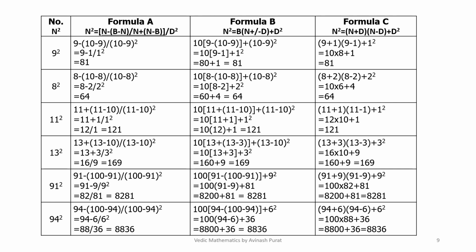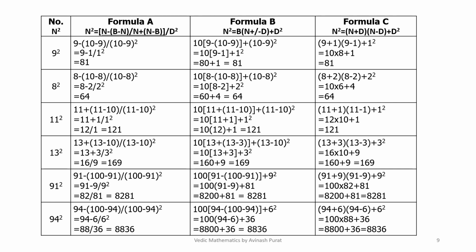Second formula: 100 multiplied by (94 minus 6) plus 36, that is 8800 plus 36, equal to 8836.